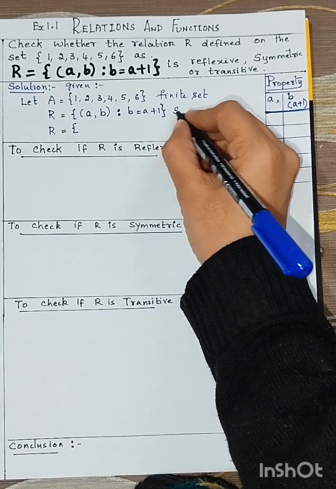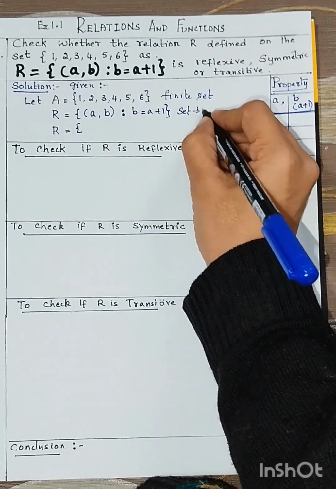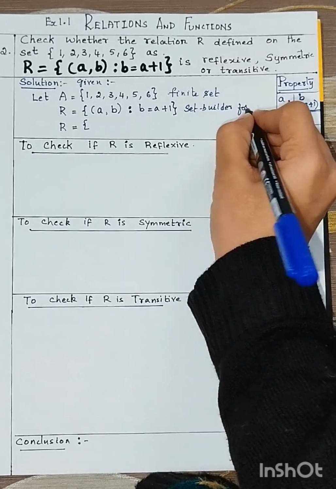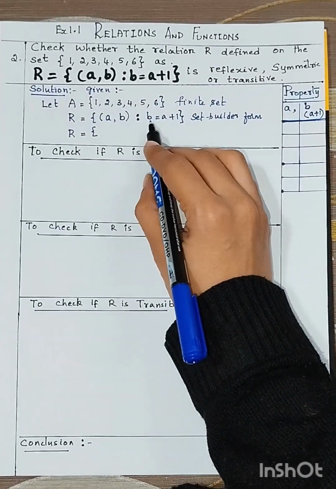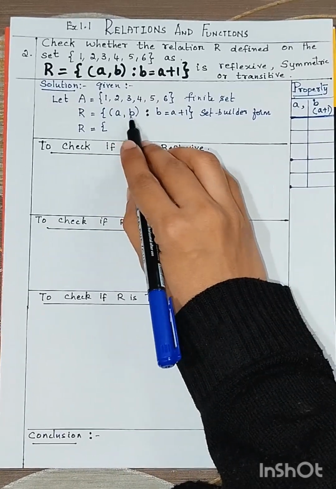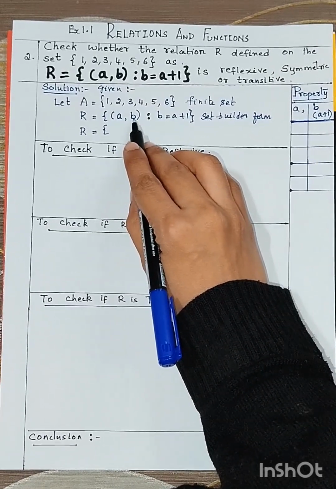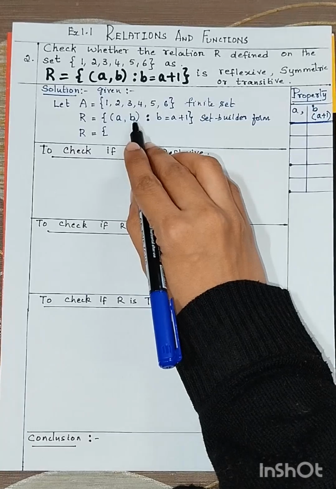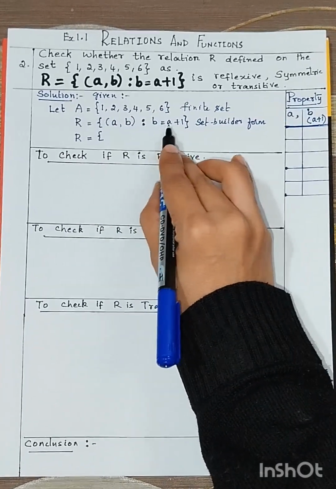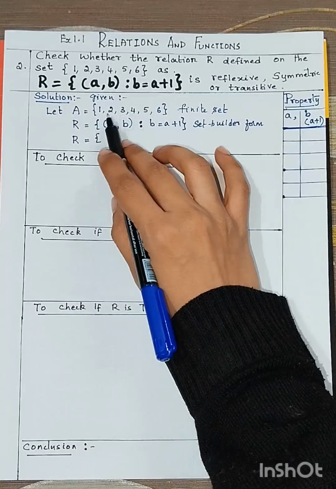So here the relation is given in set builder form, where they have defined a property, that is b equals a plus 1. So how is a related to b? b is equal to a plus 1. So we will write all the ordered pairs here using this property with the help of these elements.